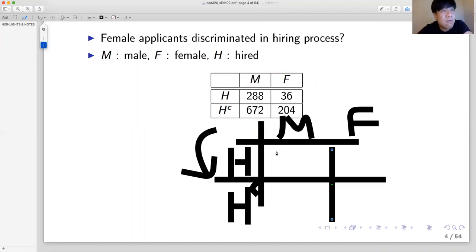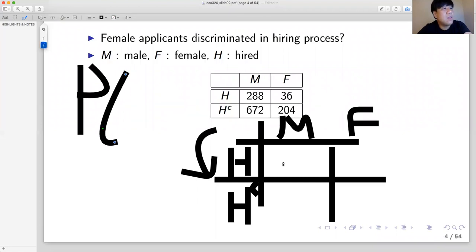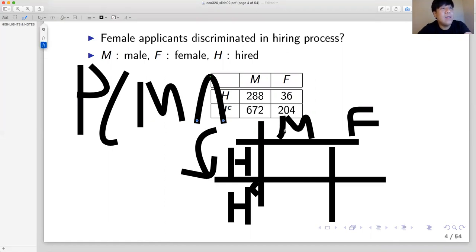And to get this probability, again, that was a joint probability. That was the probability that someone is male and hired, right? That is actually a joint probability or intersection, which we learned yesterday. That is what we are looking for.